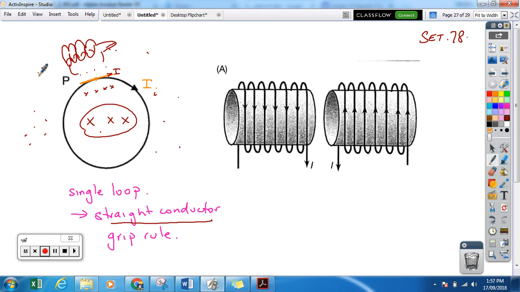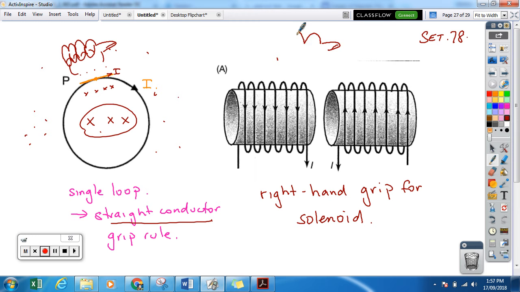To determine the magnetic field around a solenoid, we use the right-hand grip rule for solenoids. Now, don't get these two confused. For the right-hand grip rule for solenoids, I'll draw the hand again.